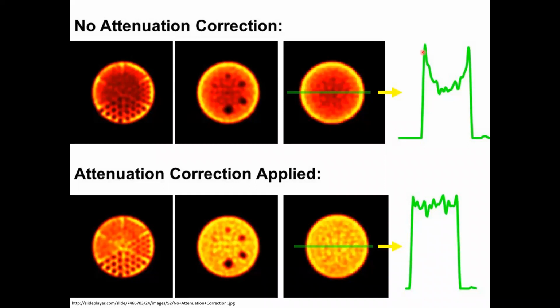Normally, what is done is a nuclear medicine machine isn't just a nuclear medicine machine, it's also a CT scanner. It'll have a CT scanner up front. You make a CT of the patient, and then you measure the amount of radiation coming out of the patient with the nuclear scan, and you use the CT image to predict what is the probability that something from this point would get absorbed by the patient, right? If it's a high probability, then we need to amplify that signal because this isn't the true value that's coming out of that volume.